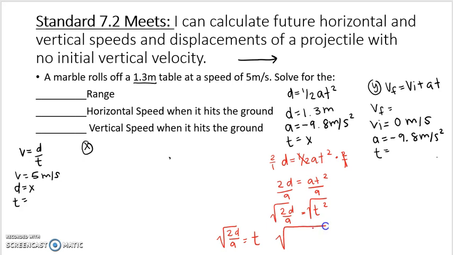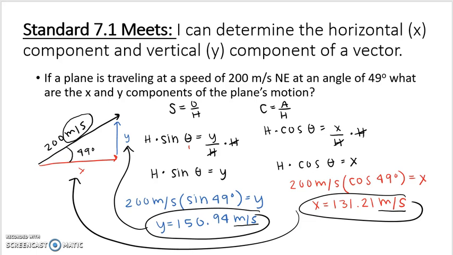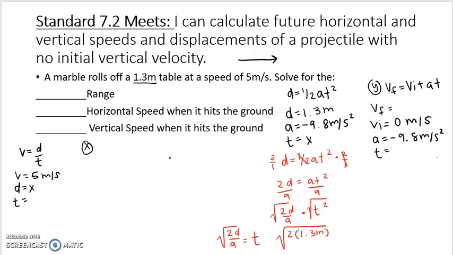If I plug some numbers into this, I get 2 times a height of 1.3 meters all over 9.8 meters per second squared. That's going to be my T. Now I know that we put a negative 9.8 in up top here.